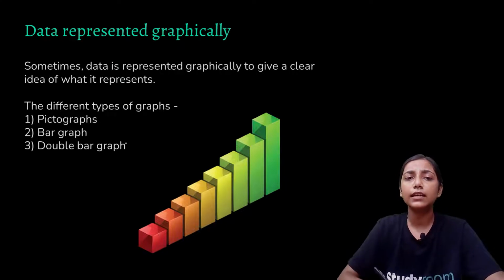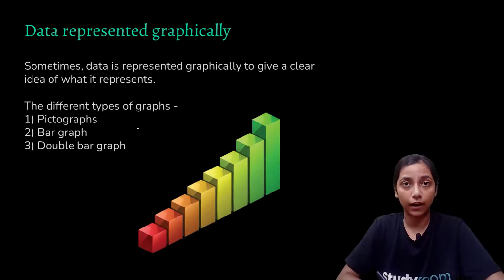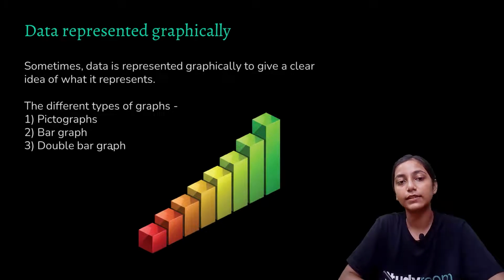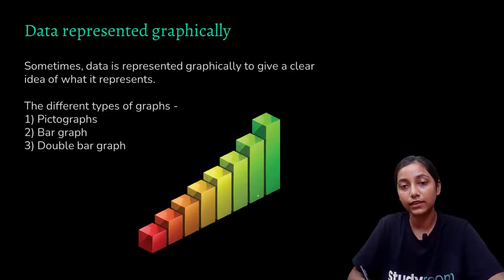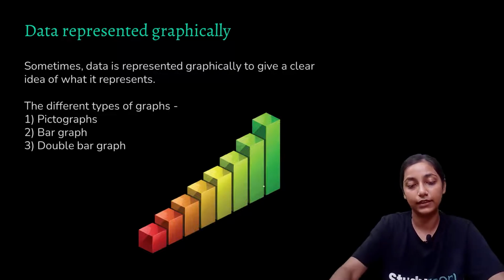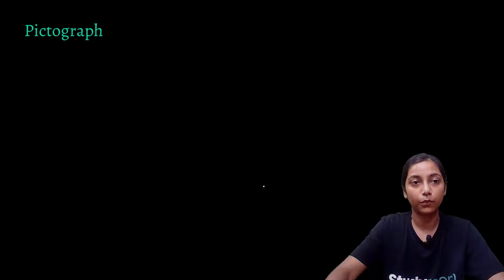So we have three types of different graphs. What are those three different types? The first one being pictographs, the other one is bar graph, and the third one is the double bar graph. This is one of the examples of how we can represent data graphically.